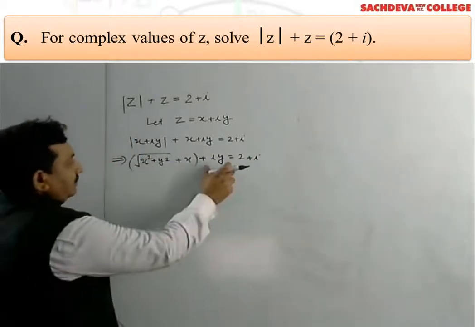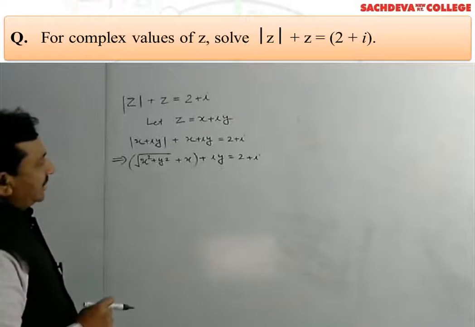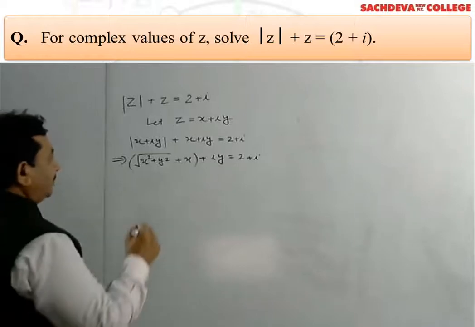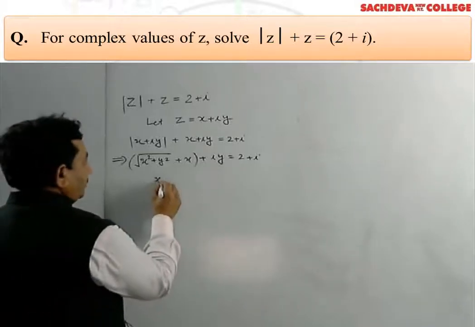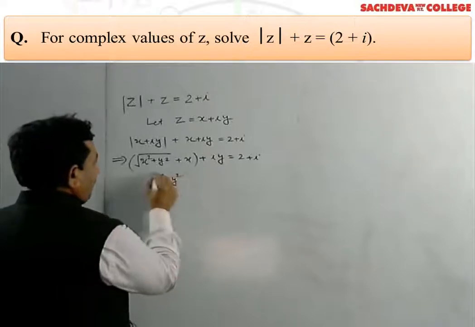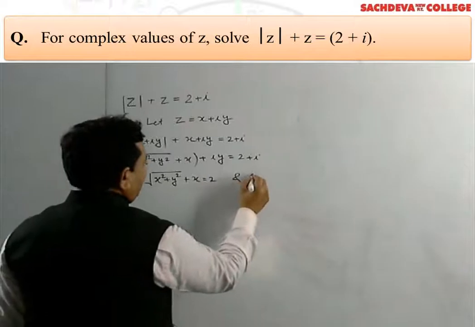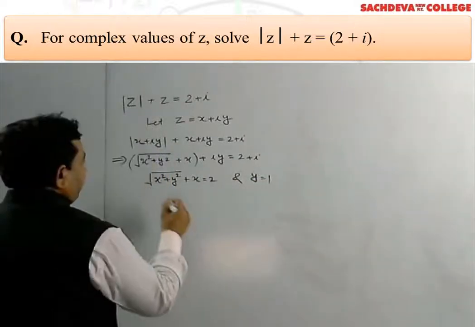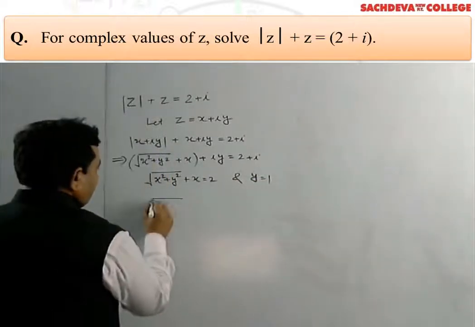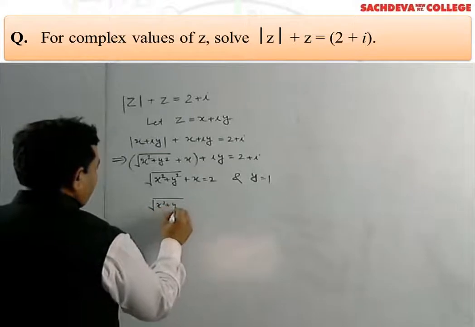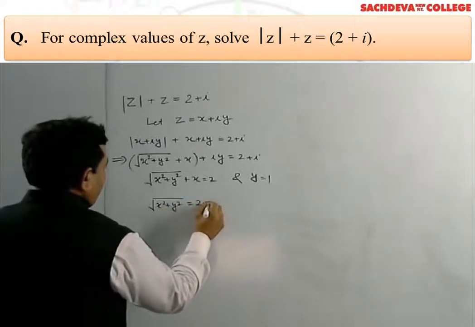These two complex numbers are equal, which means their real and imaginary parts will also be equal. So √(x² + y²) + x = 2 and y = 1. So √(x² + y²) = 2 − x.